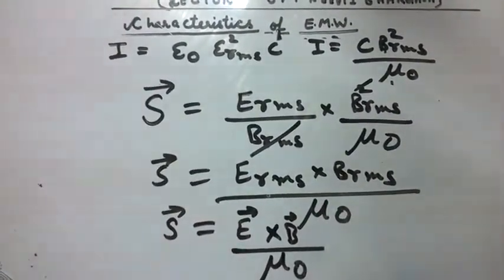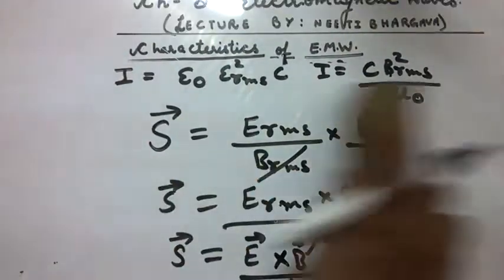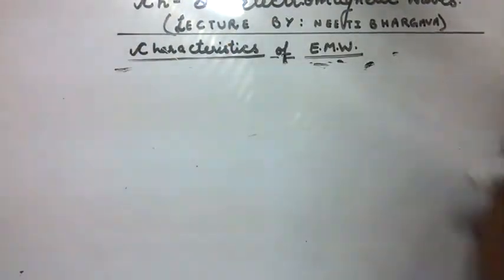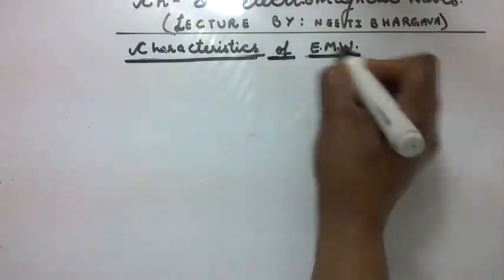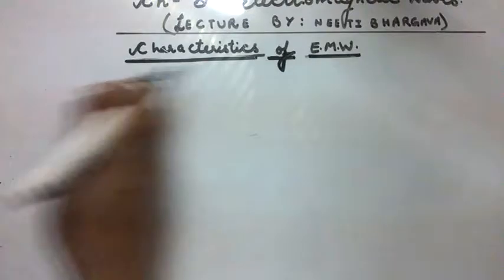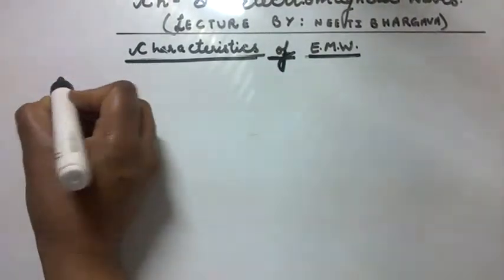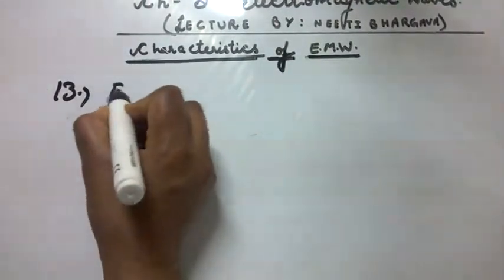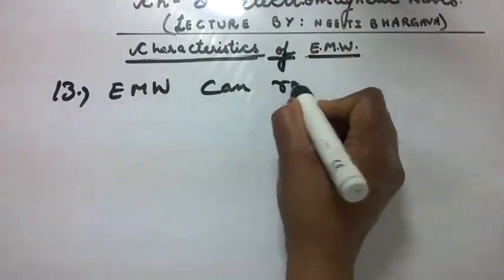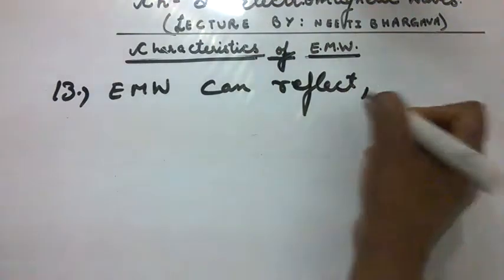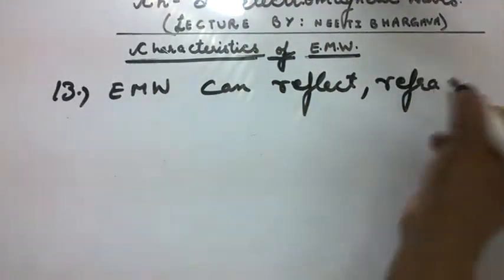Next characteristic, which we will study in the next chapter, is that electromagnetic wave can reflect, it can refract or diffract.